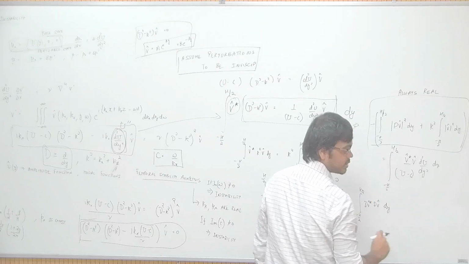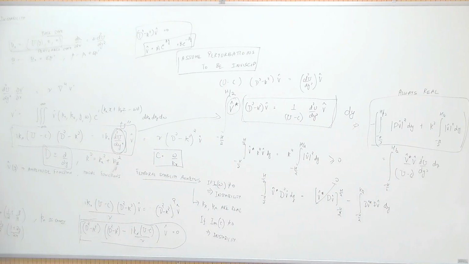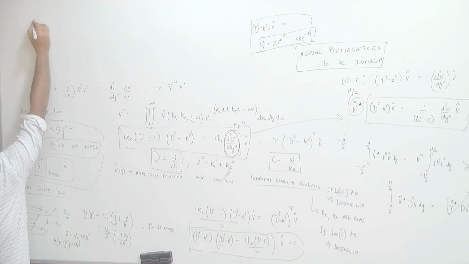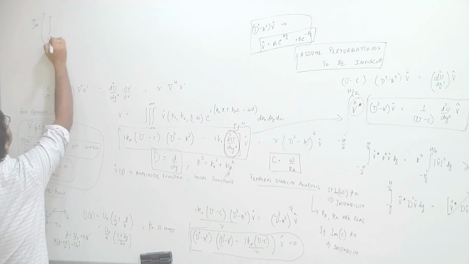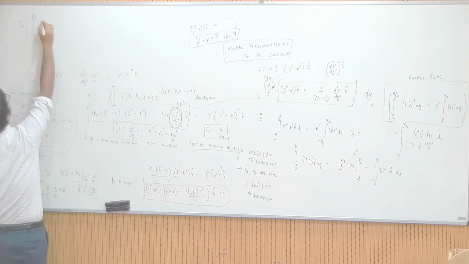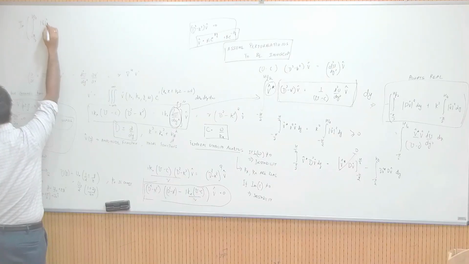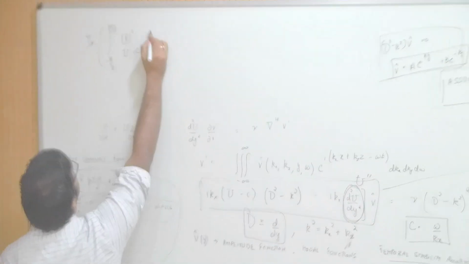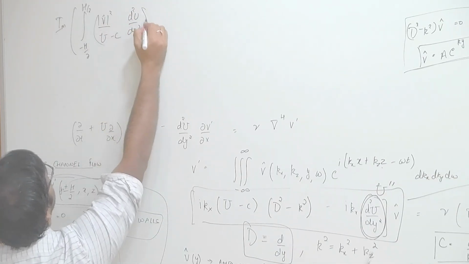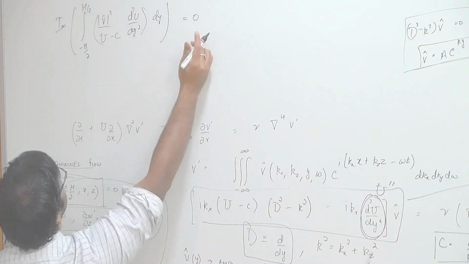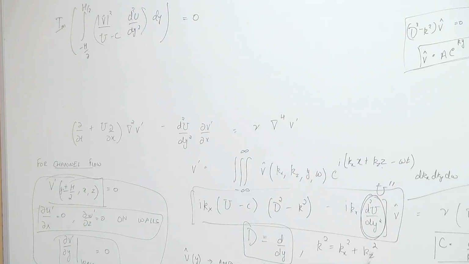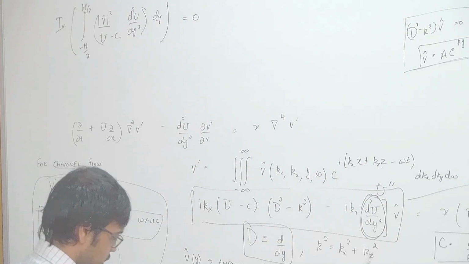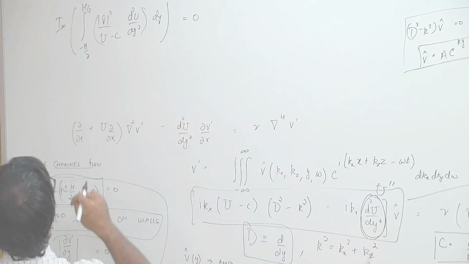So, what we can say is that the imaginary part of the integral from minus h by 2 to h by 2 of mod v hat square over u minus c d2u over dy square dy equals 0. Imaginary part of this guy is 0.